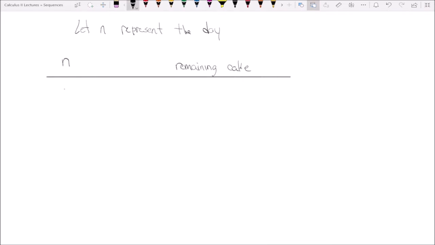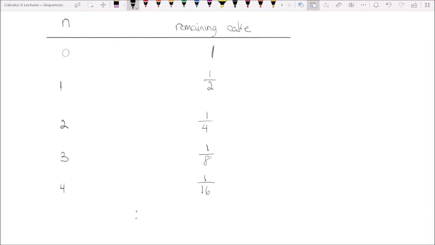Obviously, on the 0th day, we have the whole cake. First day, we ate half, so we have half remaining. Second day, we ate half of the half, so we now have a quarter remaining. Third day, we ate half of that quarter, so we have an eighth remaining. Fourth day, we ate half of the eighth, so we have a 16th remaining. And this can go on, so on and so forth.